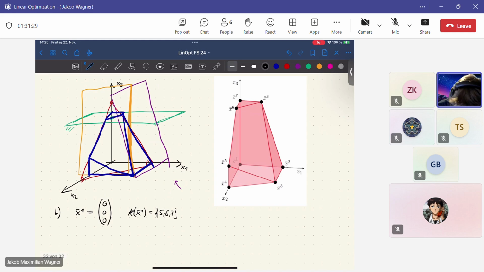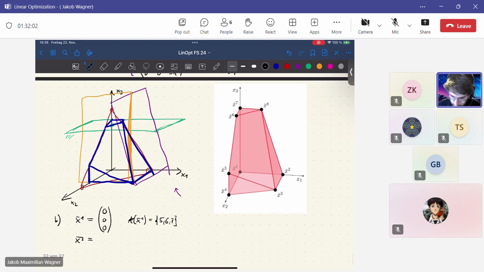Then we get that the point x2 sits in the x1, x3 plane, so the x2 coordinate is equal to 0. Sorry, the x2 and the x3 coordinate are equal to 0, and the x1 coordinate is unequal to 0.